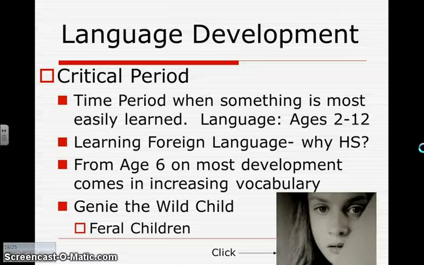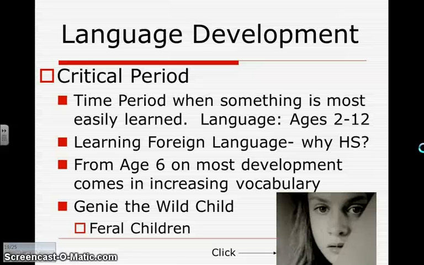Which brings up the question, in American education, why do we tend to wait until most kids are in high school before we teach foreign language? I think a lot of that is simply the fact that in America we haven't put a huge emphasis on people knowing a second language. We believe everybody ought to know English, and that's good enough for us.